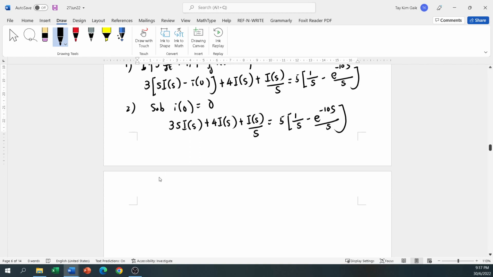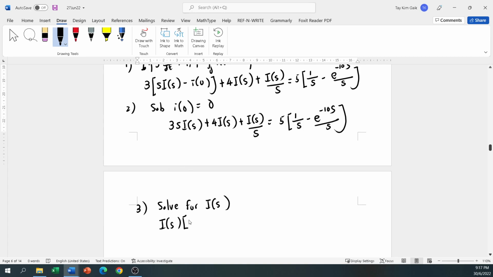Third step, solve for I(s). We're solving for I(s), so factor out I(s) at the left hand side. The term without I(s) bring to the right hand side.